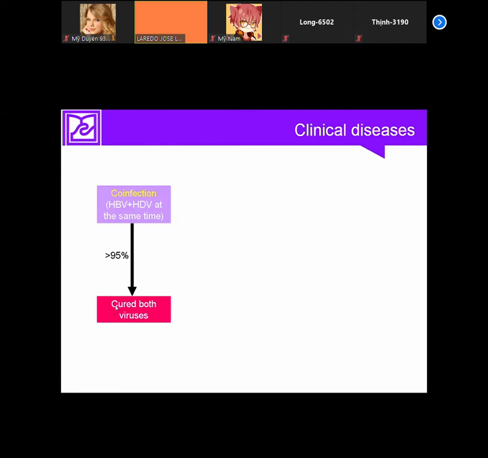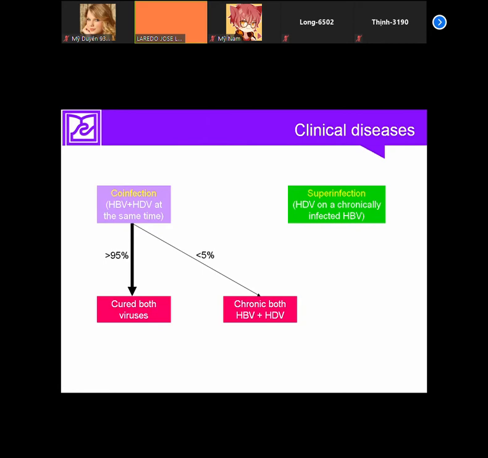The patient will be cured of both viruses. Both viruses will disappear. This is the most common outcome. However, in less than 5% of patients, the patient does not recover and becomes chronically infected by both viruses, hepatitis B virus and hepatitis D virus. So this is the first scenario, co-infection.